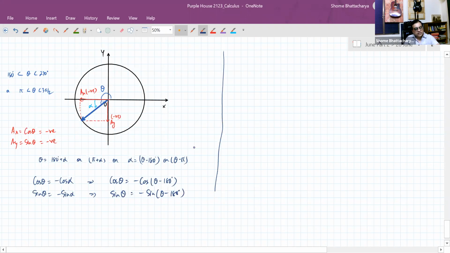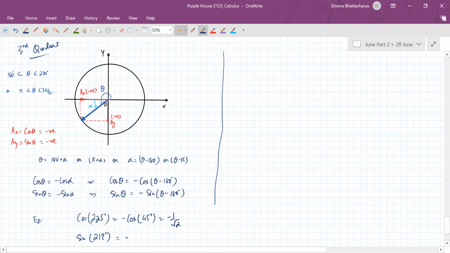So this becomes the analysis for the third quadrant. As an example, cos of 225 degrees will be minus of cos of 225 minus 180, so that's 45. It's minus 1 by root 2. Similarly, let's calculate sine of 217 degrees.